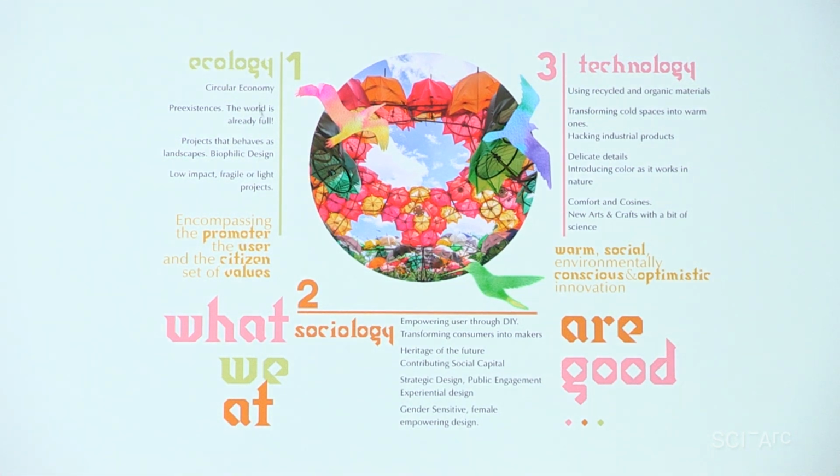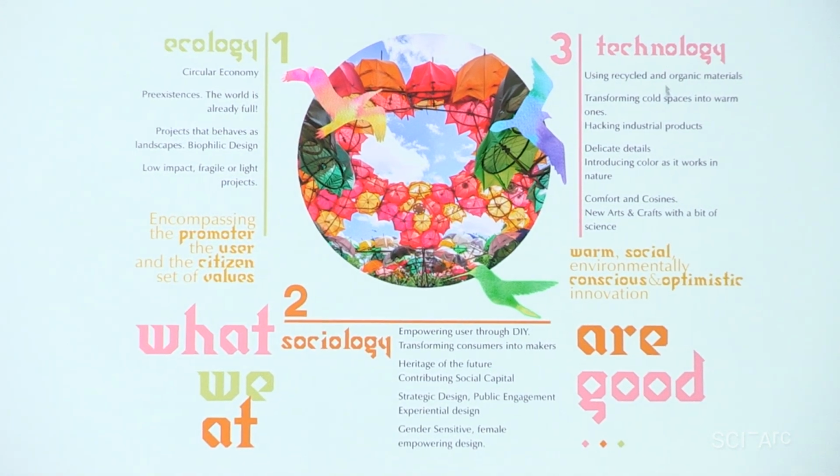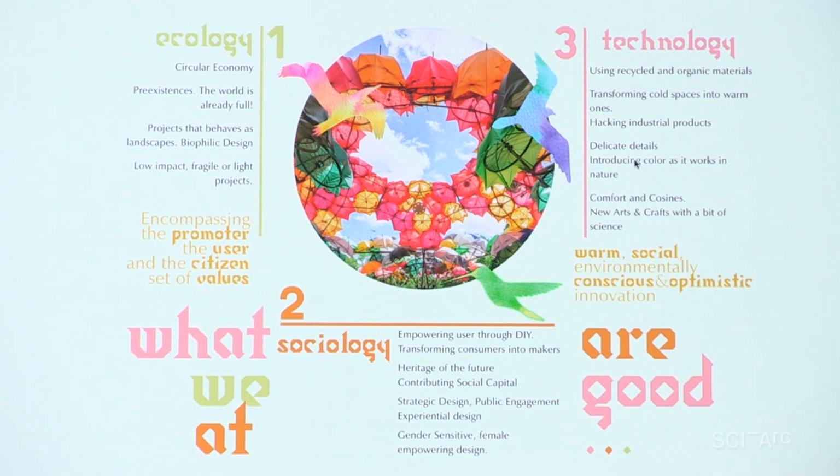In terms of ecology, we are looking at circular economy, trying to understand how persistencies are operating. We try to work in biophilic design and low-impact projects. In terms of technology, you will see with the projects that I'm going to show you, we are trying to work with both recycled and organic materials, with cold spaces that are turned into warm, hacking industrial products.